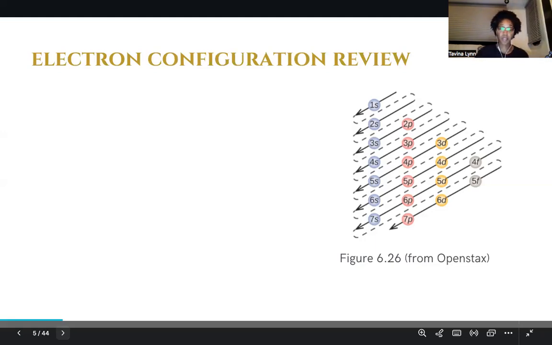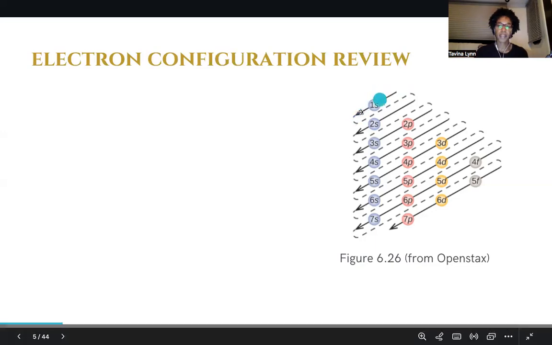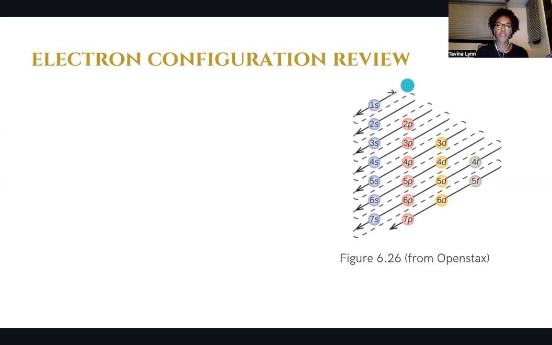And I really like this figure because it diagrams how the electrons fill the different orbitals. Last semester you mostly talked about the main group elements that fill the s and p orbitals, and the transition metals fill the d and f orbitals.